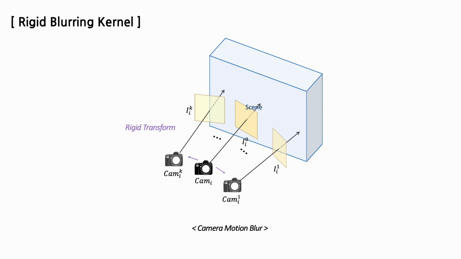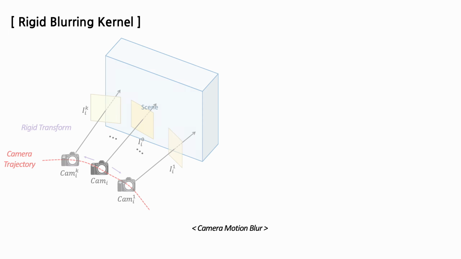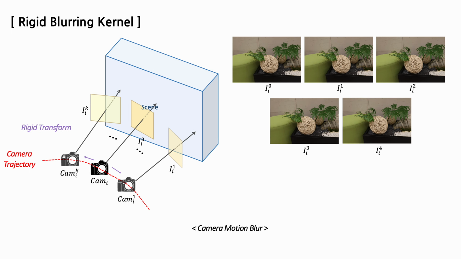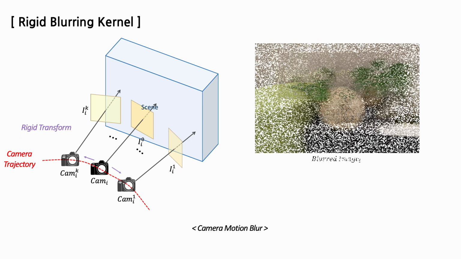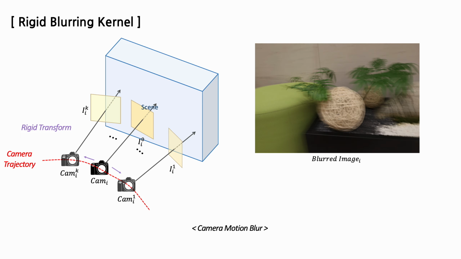For camera motion blur, the kernel models how the camera has moved during the blurring process. The volume rendering on each transformed ray produces the clean pixel colors. The colors are composited to generate the reference blur color with a weighted sum using the color composition weights, which are also predicted from the rigid blurring kernel.